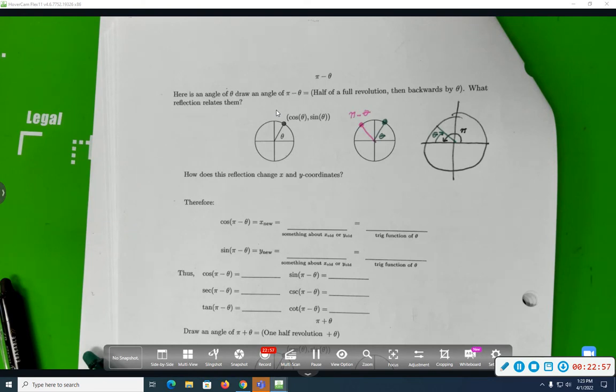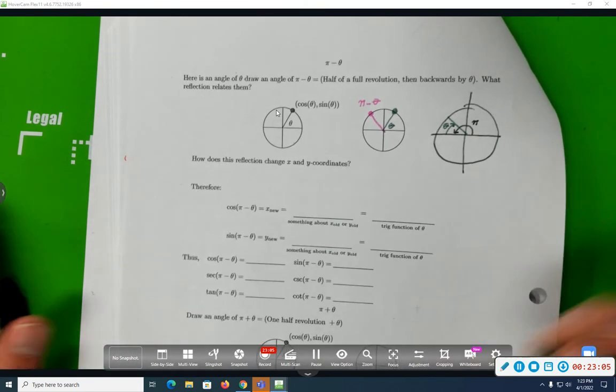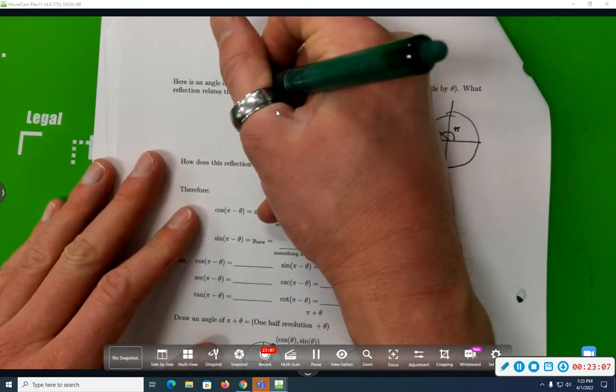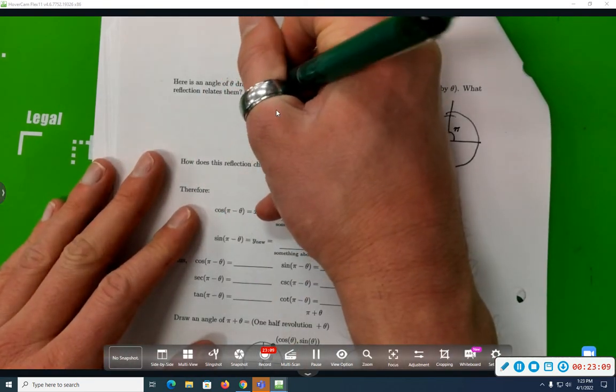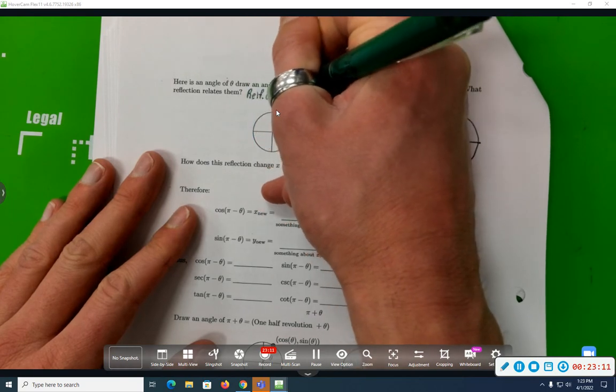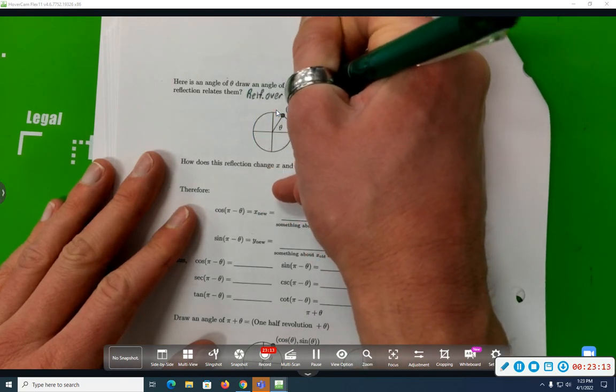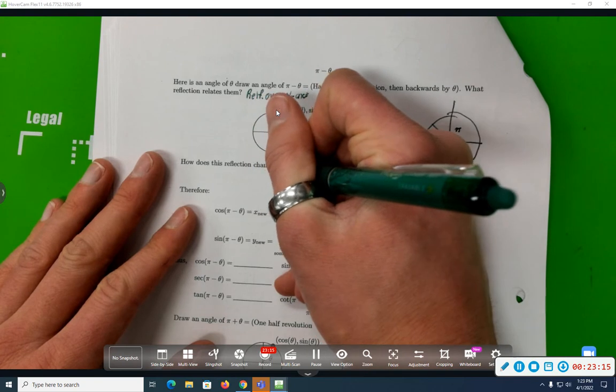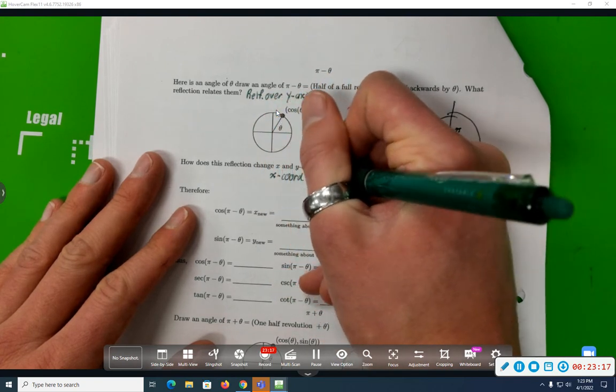Y-axis. Reflection over the y-axis? That seems right. The reflection which takes x values and makes them negative. These are related by reflection over the y-axis. So the x-coordinate becomes negative.